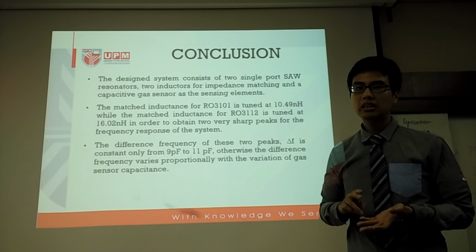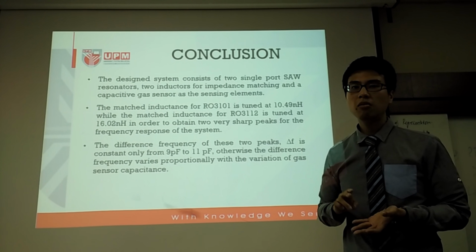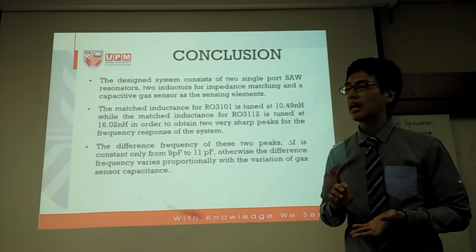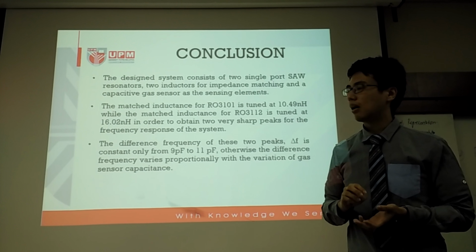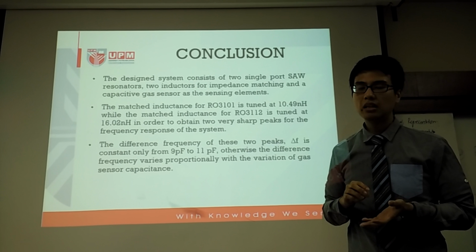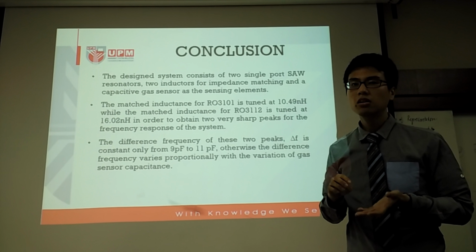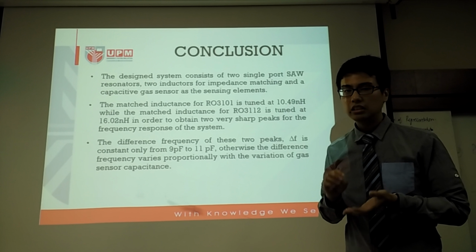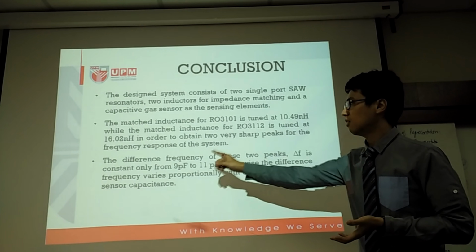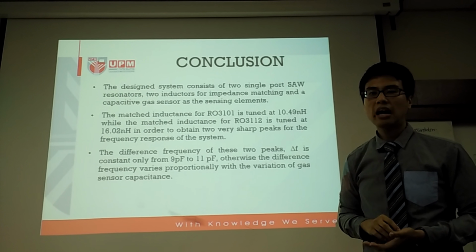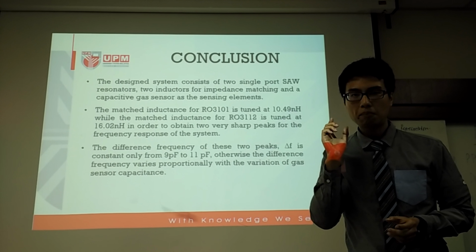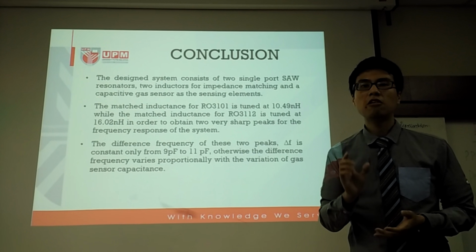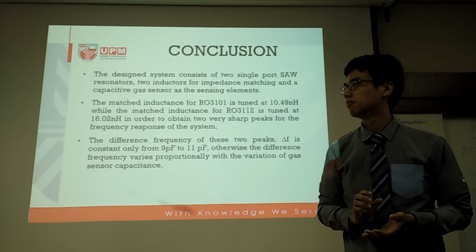The match inductance for the RO3101 is tuned at 10.49 nanohenry, while the match inductance for the RO3112 is tuned at 16.02 nanohenry in order to obtain two very sharp peaks in the frequency response of the system.